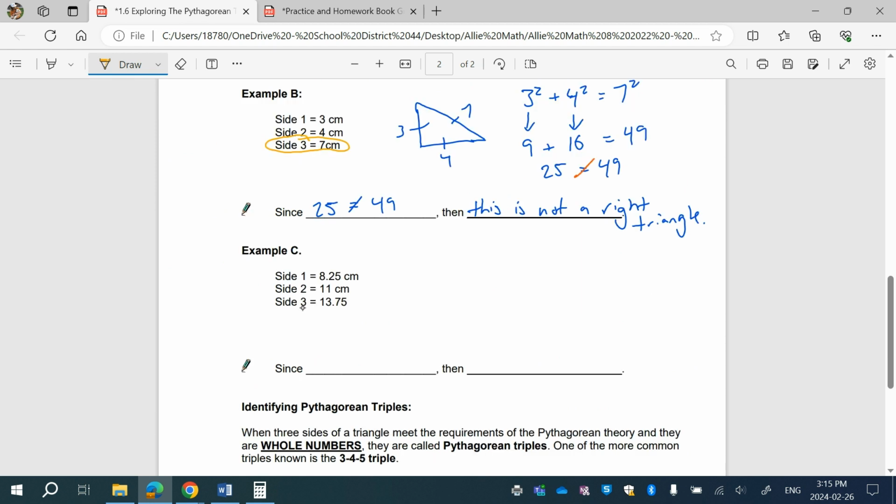Let's do another one. So we have a side length of 8.25. We have a side length of 11. And we have a potential hypotenuse of 13.75. So is it true that 8.25 squared plus 11 squared equals 13.75 squared? Let's see.